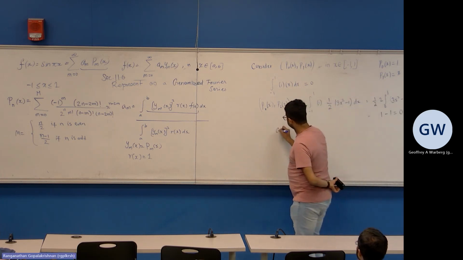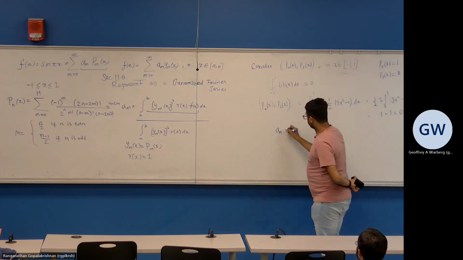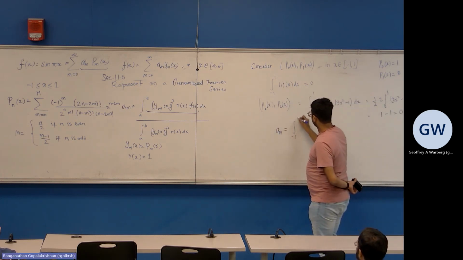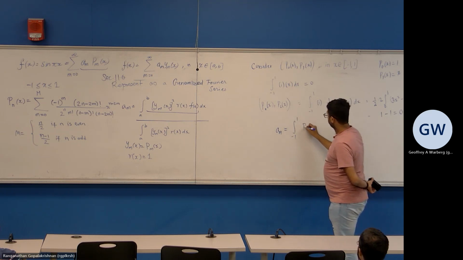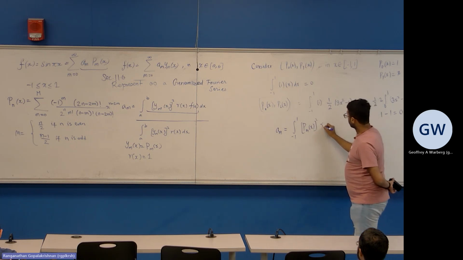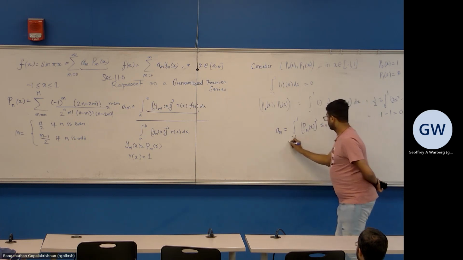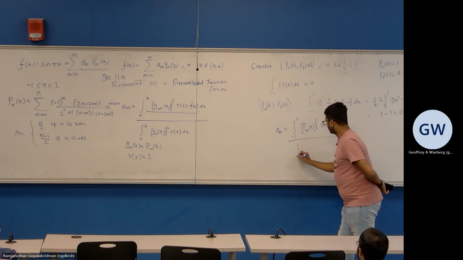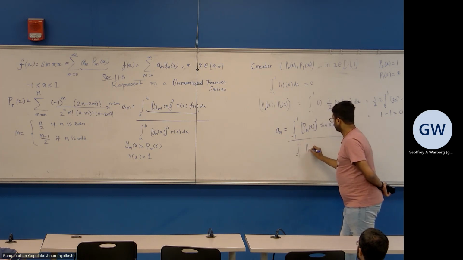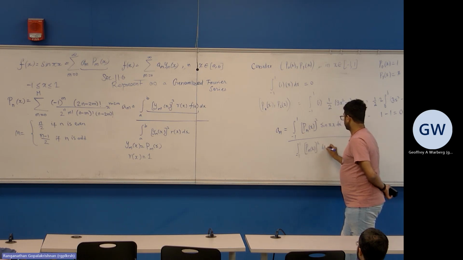So A_m would be the integral from -1 to 1 of P_m of x squared times sine pi x dx, divided by the integral from -1 to 1 of P_m of x squared dx.